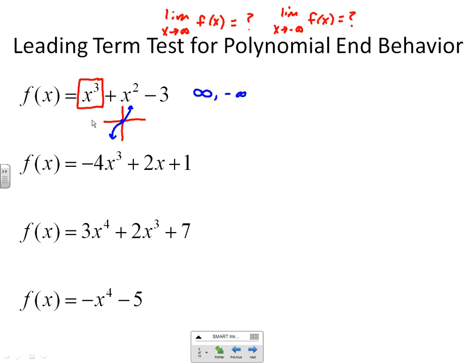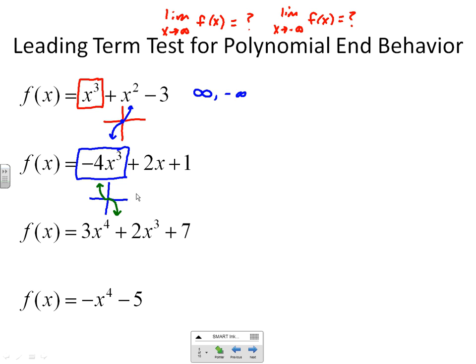Now, if I look at this leading term, I have negative 4x cubed. A negative in front of my x cubed flips my graph across the x-axis, so that instead of the graph I just drew, this graph is going to have behavior where it goes down and to the right and up and to the left.